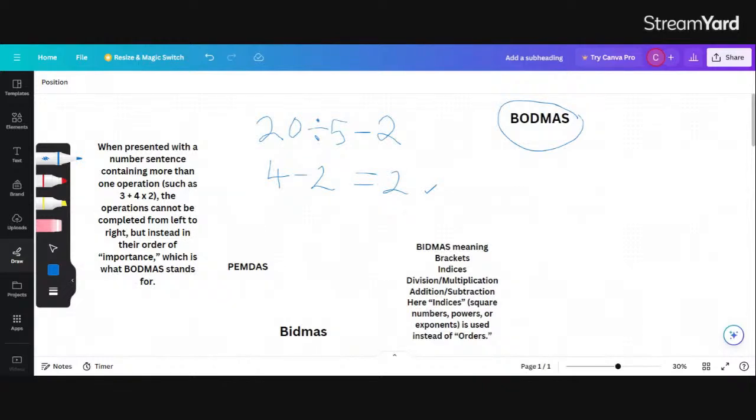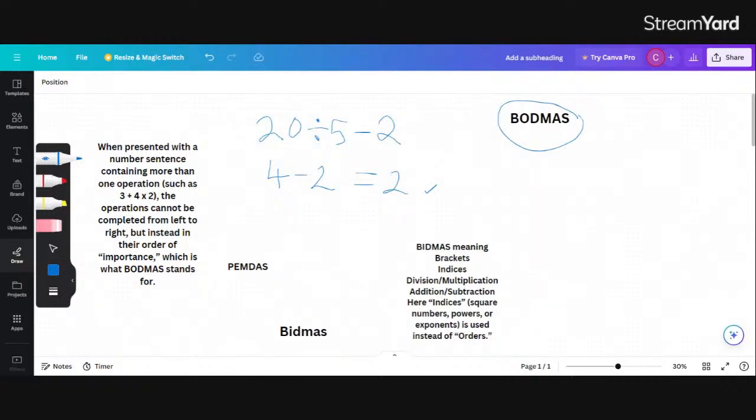Okay. Most especially the second part of the rule that says when you have multiplication and a division, when they are the only operators present, both of them are of equal importance, and you have to do your calculation from left to right. And the same thing is applicable to addition and subtraction.